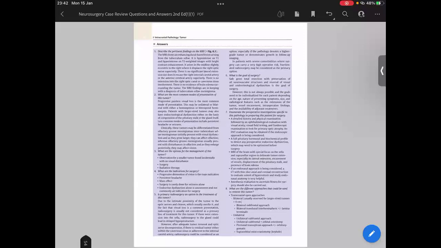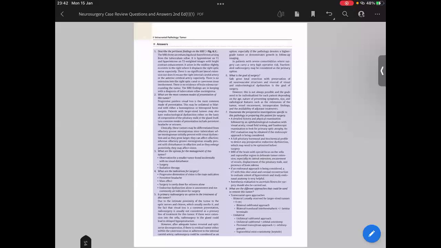Then in terms of imaging, MRI of the brain with specific focus to the sella and the suprasellar region to delineate tumor extension, especially its lateral extent, and the encasement of the vessels, displacement of the pituitary stalk, and presence of brain edema has to be done.